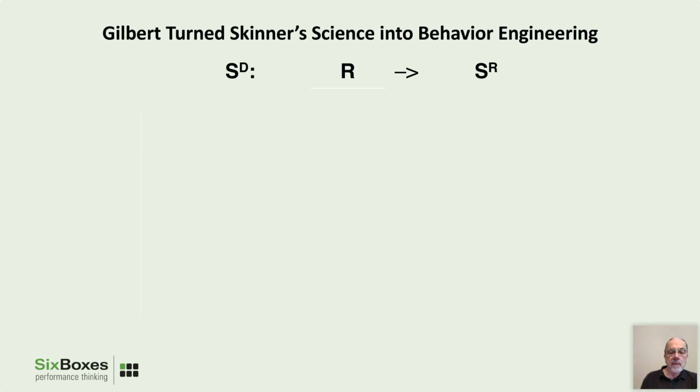But this is slightly nerdy, but it says discriminative stimuli set the occasion for responses, which are hopefully followed by reinforcing stimuli, which will increase the likelihood of. Now, they might be punishing stimuli, in which case it would decrease it.